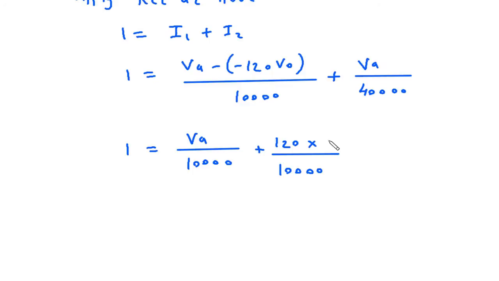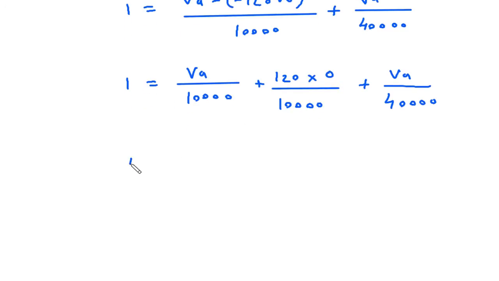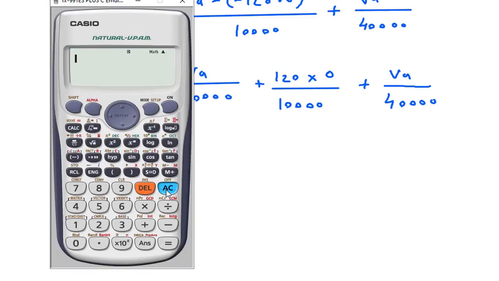So this will be 0 plus VA by 40,000. So 1 is equal to VA by 10,000 plus VA by 40,000, which is VA times 1 by 10,000 plus 1 by 40,000.